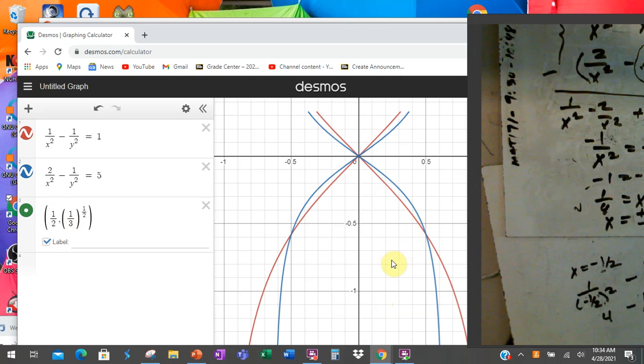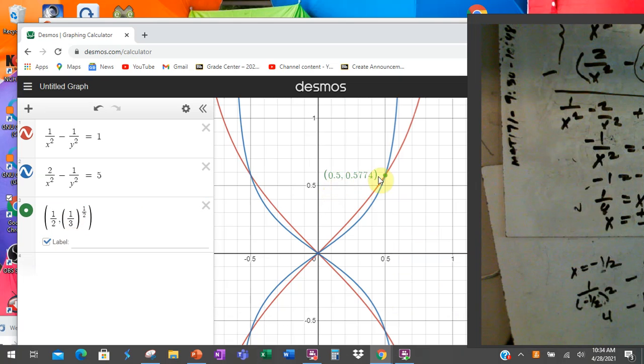So if I look here at the 1/2, this is this with this label, there's that solution where it goes across. Okay.